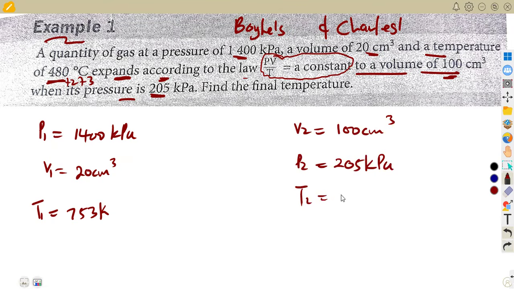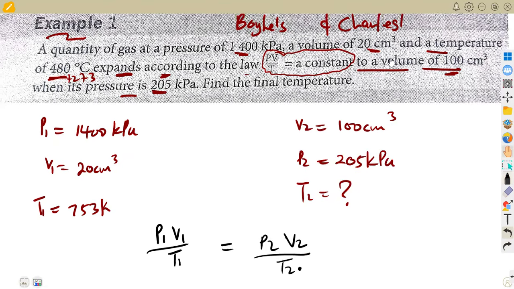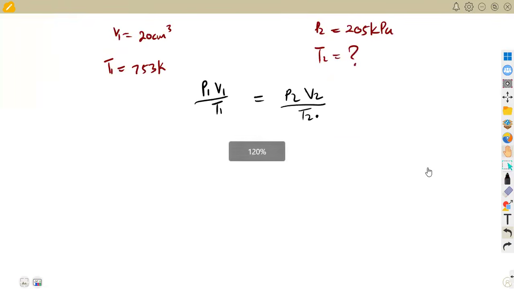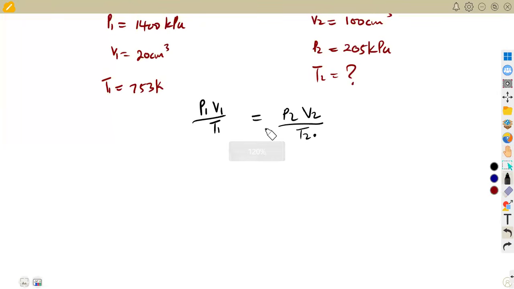So as we can see, we've got everything, the pressure, the volume, the temperature. Thus, we can use this formula. Together, we said it simply means P1 V1 over T1 is equal to what? P2 V2 over T2. So I can determine this T2. So it's up to you how you're going to simplify it. Are you going to substitute here, or you're going to make T2 the subject, just cross multiply.